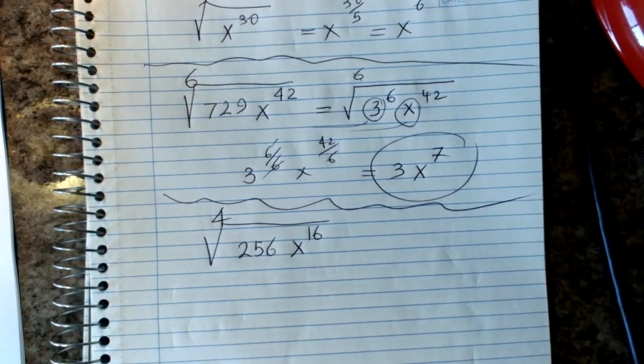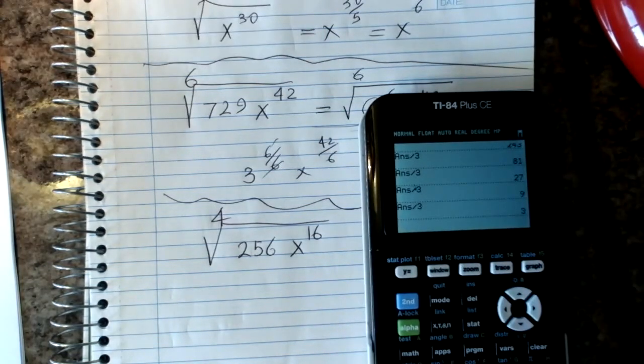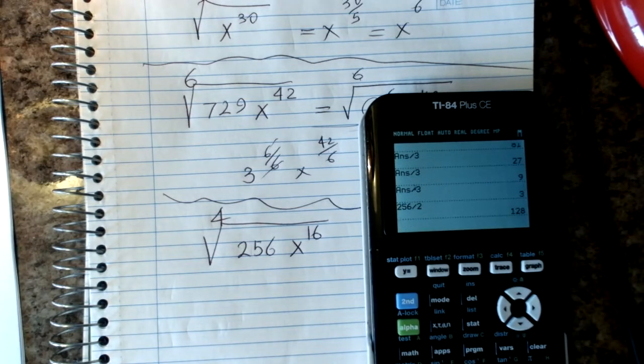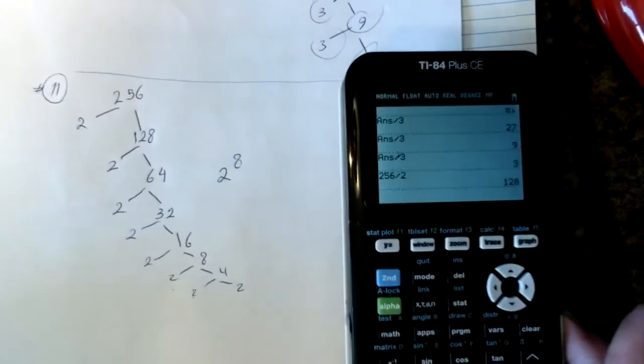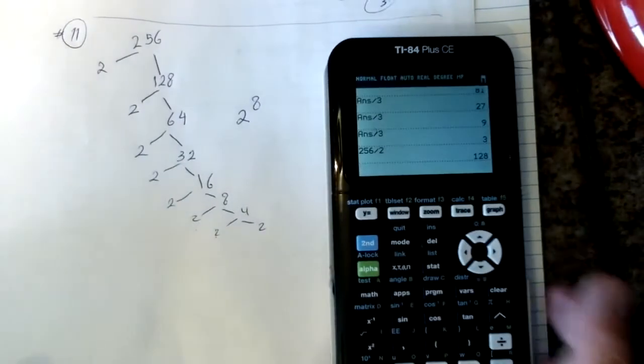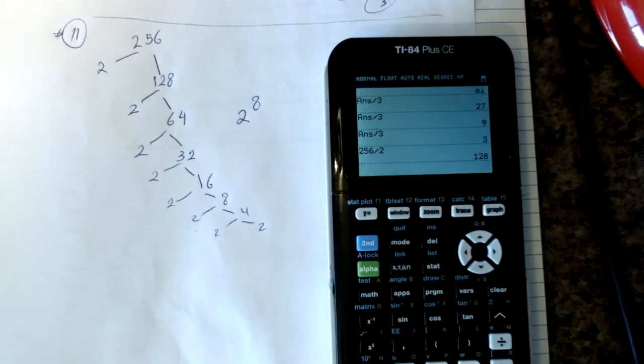Now, 256. I gotta break that number. Let's start with divide by 2. 256 divided by 2. Yes. 2 goes to 56. That gives me 128.